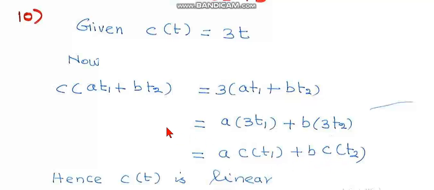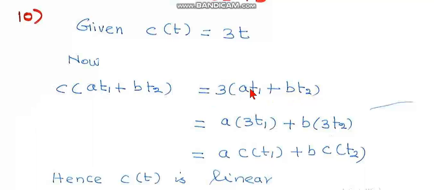Let me explain once again. Why have I taken this? Because we have to show this is a linear function. Linear function means this a will go out of C of t1, this b will go out of C of t2. In that form it must come. So we apply the rule for this. This is 3 times this according to the given definition of C of t.